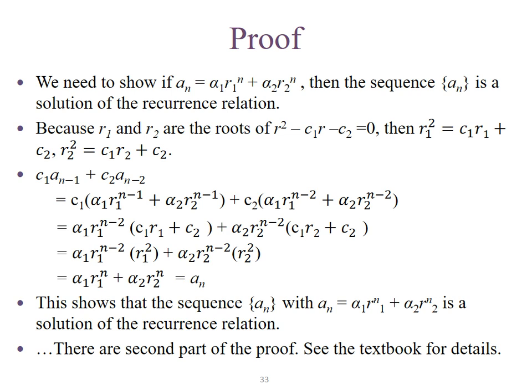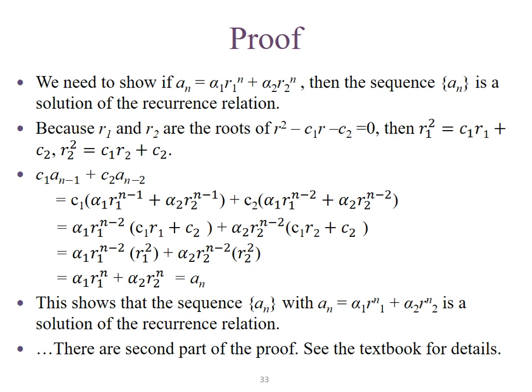So maybe we can combine the first term with the second term by extracting the common factor alpha 1 and r1 to the power of n minus 2. So let's see for this term, if we move alpha 1 and r1 to the power of n minus 2 out of the parentheses, for the first term we only have 1 and r1 here. Alright?